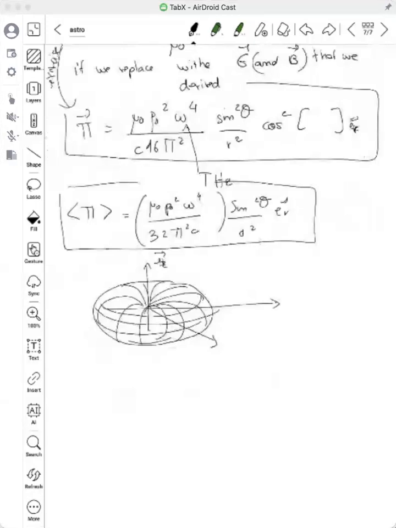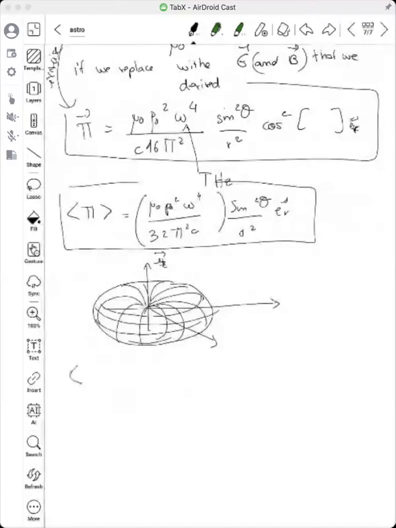If we calculate now, you remember that the Poynting vector is a flux of power, right? It's energy, like a current of power. When we derived the meaning of the Poynting vector, it's a movement of power, of energy per unit of time.